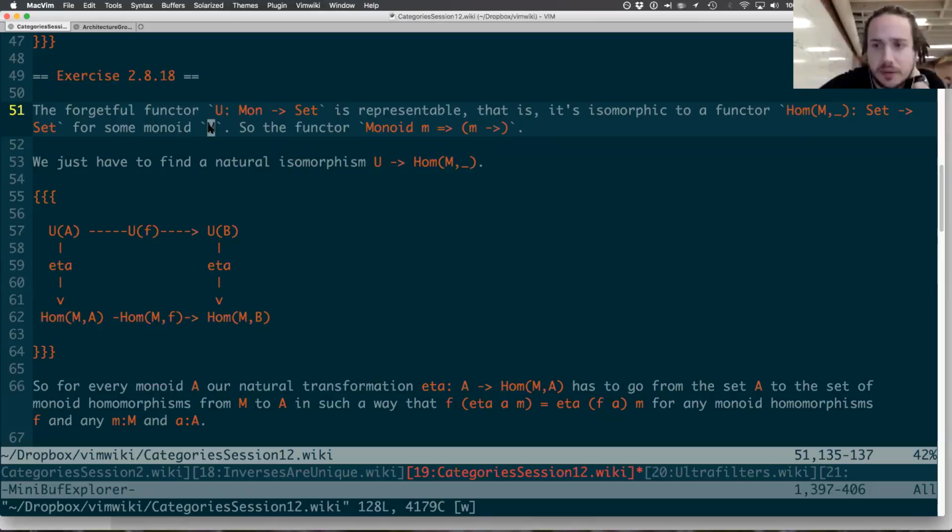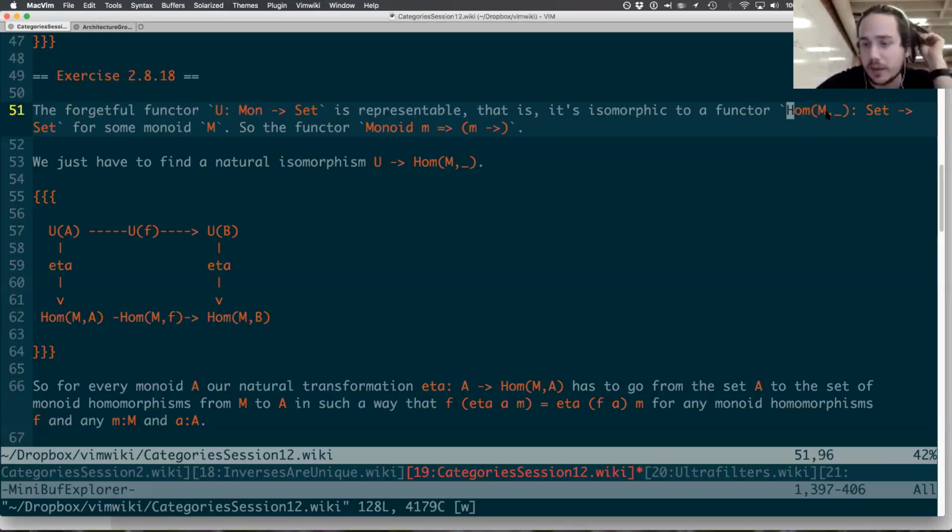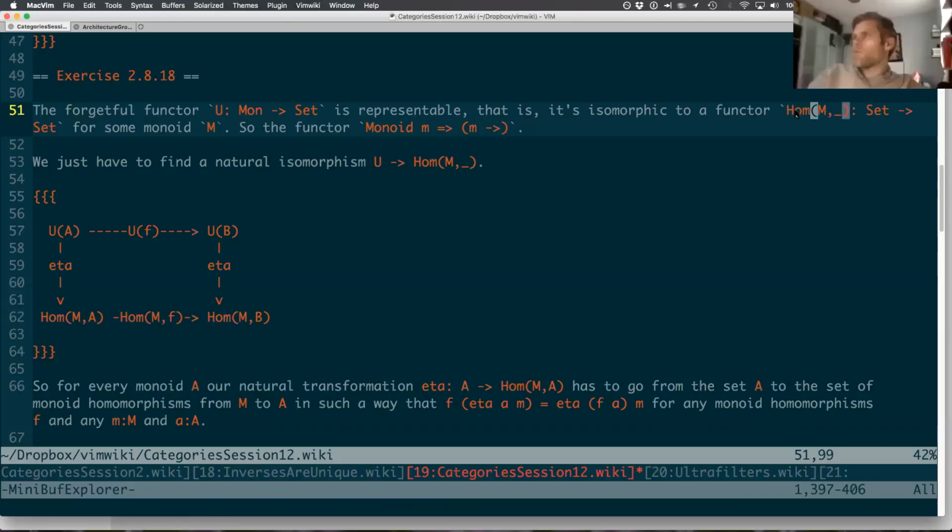Should that functor be from monoid to set? Because the underlying would be some monoid, right? Oh, you mean this Hom functor here? Yeah. So, the Hom functor is in Set, right? But it's an object in Set. Yes.